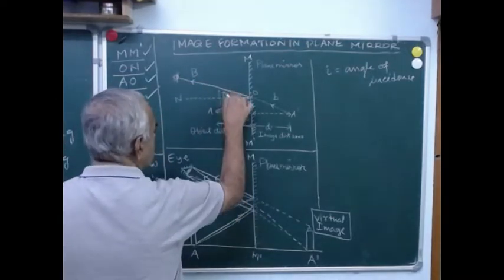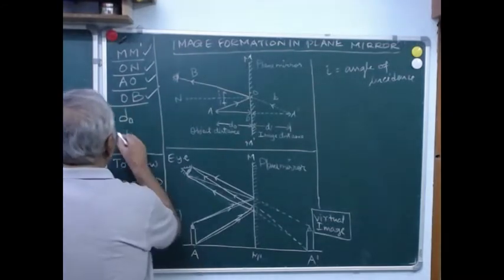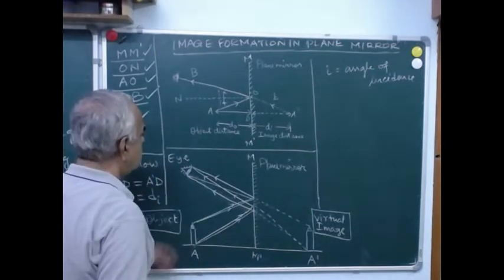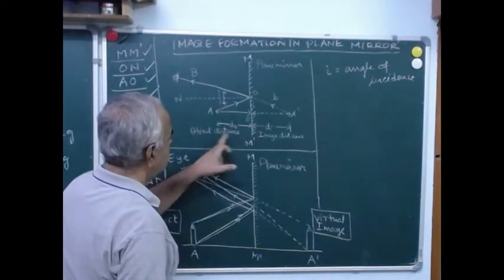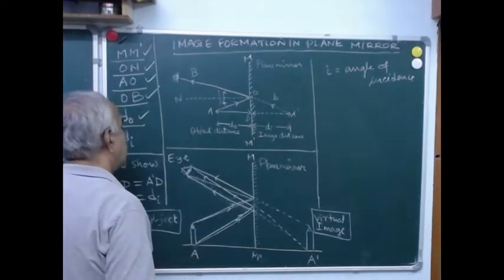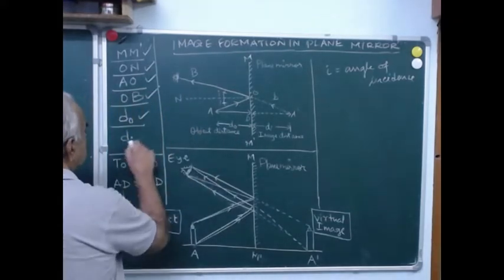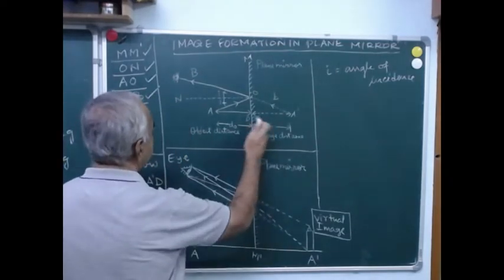These two angles are equal. Now DO is the distance of the object, AD. DO is the object distance, and you can also call it U. Similarly, DI is the image distance, the distance between the image and the mirror.